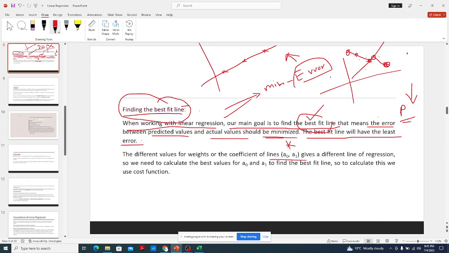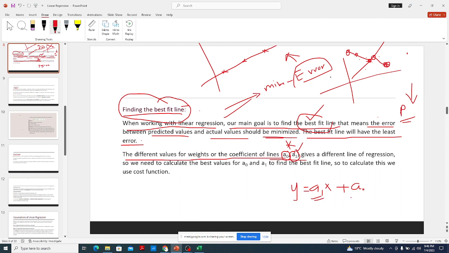All right, good. Now, the different values for the weights, the coefficients of the line, let's say we are taking A0 and A1 to be our constants. They are our coefficients, like saying y equals A1 multiplied by x plus A0.